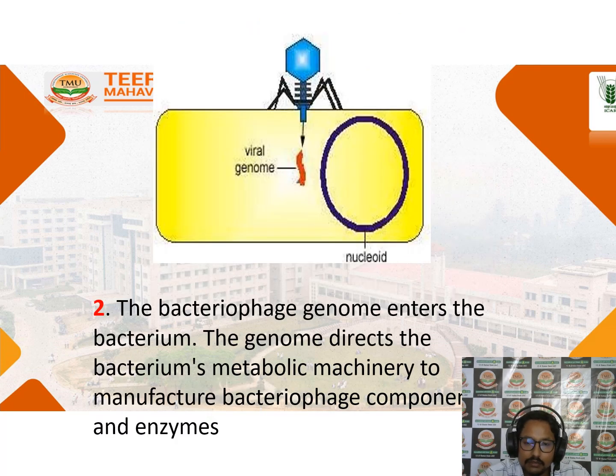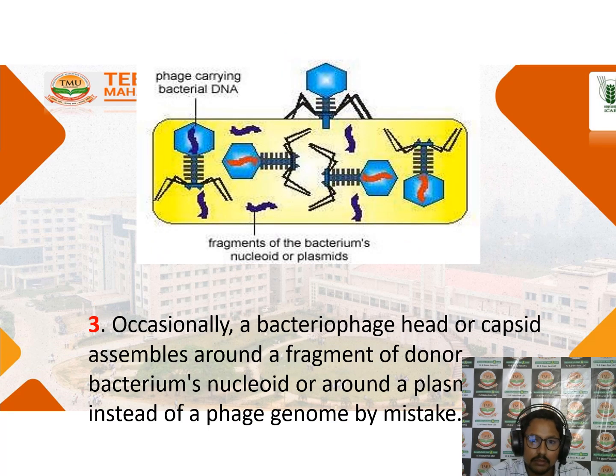In the second step, it incorporates the viral genome into the bacterial cell, where the genome finally enters the bacterial cell and starts replicating. After the entering of the phage DNA into the bacterium, in the starting phase it destroys the bacterial DNA.